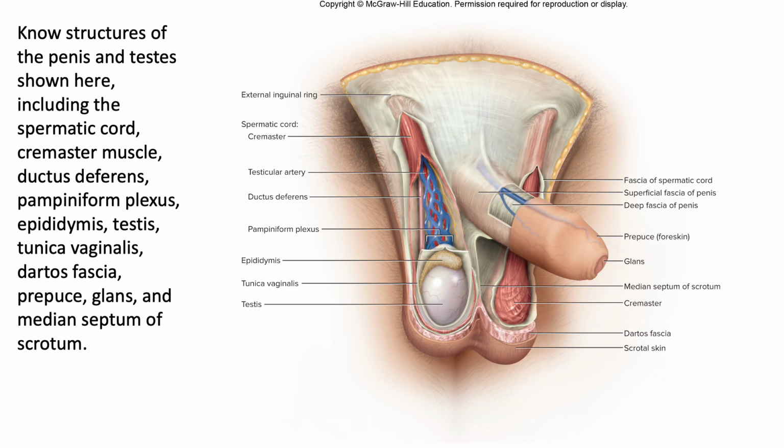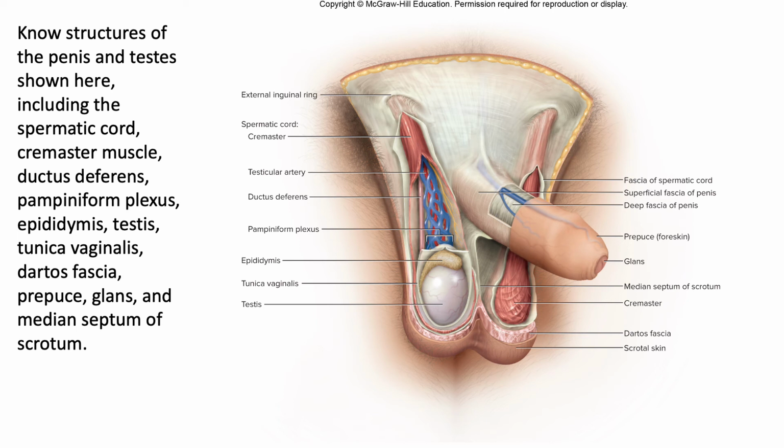So again, structures of the penis that you see here that I think are important to know. I think that the three things we really talked about are the cremaster muscle, the dartos fascia, and the pampiniform plexus. The dartos and cremaster muscles both help to raise the testes, to get them closer to the body.